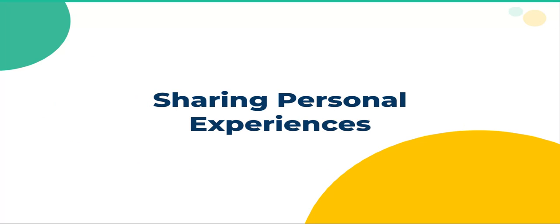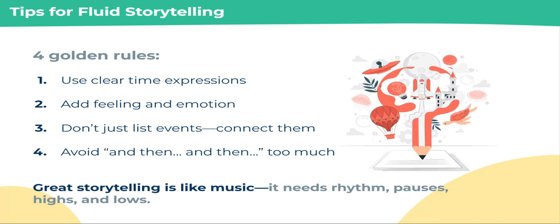Let's look now at sharing personal experiences. You would like your story to be as fluid as possible. So there are 4 golden rules. Use clear time expressions. Number 2 is to add your feeling and emotion.